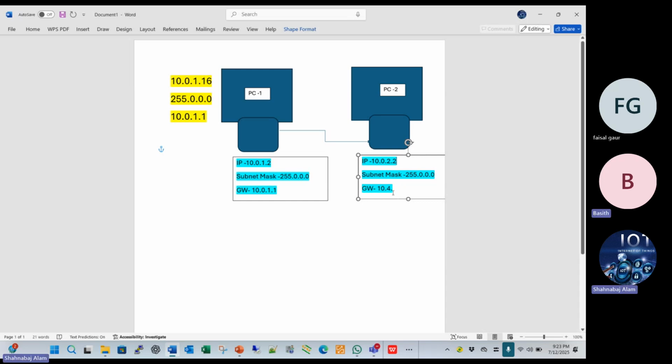Okay, then the gateway is the same. 10.0.2.2, 10.0.0.2.100, 10.2.0.1.